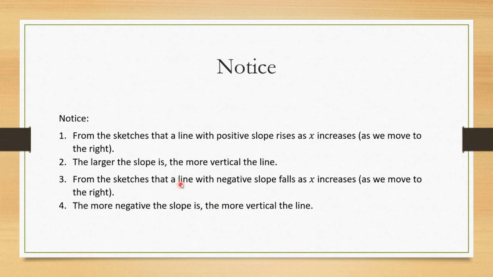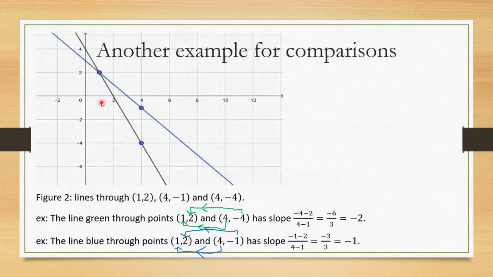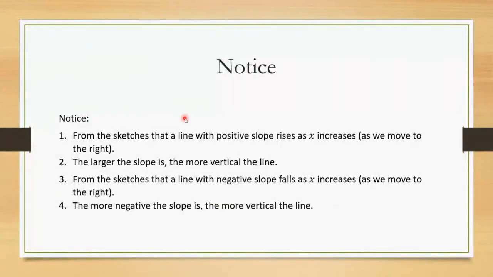A line with a negative slope is going to fall as your x increases, as you move to the right. These lines with negative slope, they're falling. And the more negative the slope is, the more vertical, the steeper the line is as well. All right, that's good. Any questions on that?